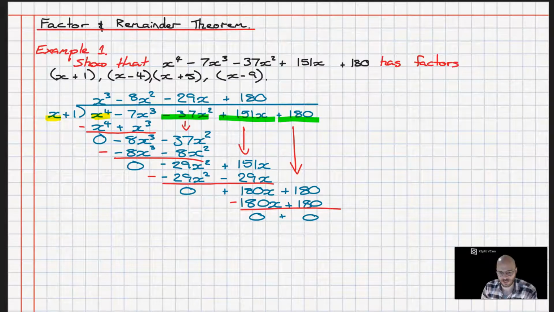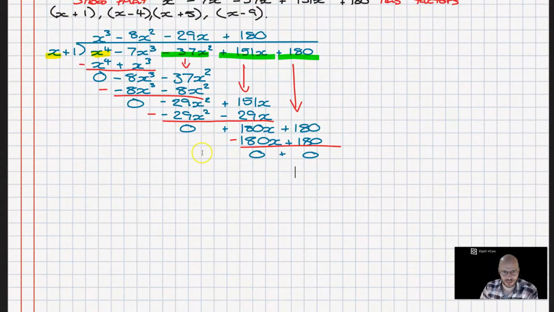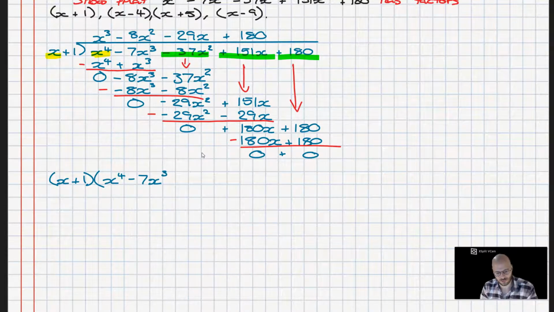So because it comes out as 0, we know that x plus 1 is a factor of the polynomial seen over here. So we could rewrite that as x plus 1 multiplied by x cubed minus 8x squared minus 29x plus 180.